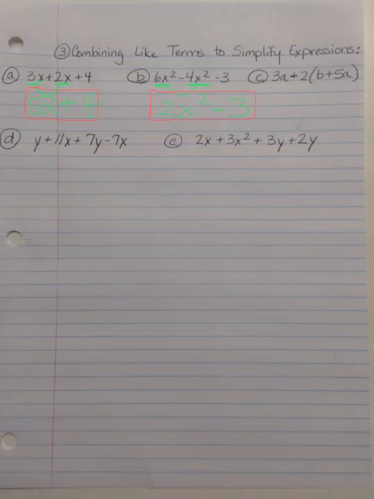In example C, you have 3a plus 2b plus 5a, and I'm going to basically simplify that. But before I simplify it, I'm going to go ahead and use the distributive property to create something a little bit easier. So it's going to become 3a plus 2b. Oops, sorry. Let me see if I can erase that.